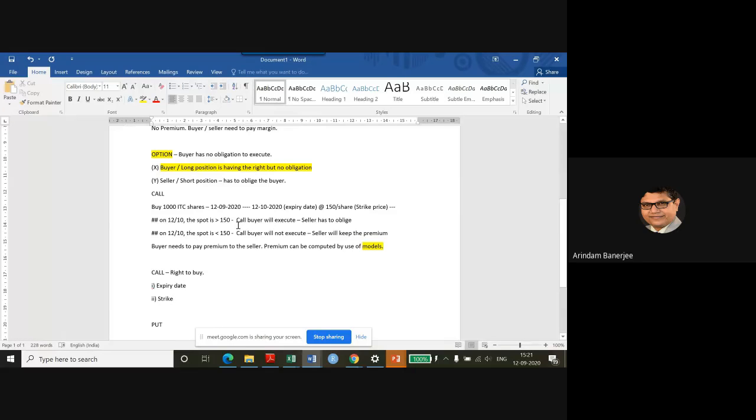Like in our example, the expiry date was 12th October and the strike was 150. So the example which we discussed is an example of a call option. Here the buyer of the call is entering into a contract to buy the underlying asset. The underlying asset here is the ITC share. So the third parameter is the underlying.